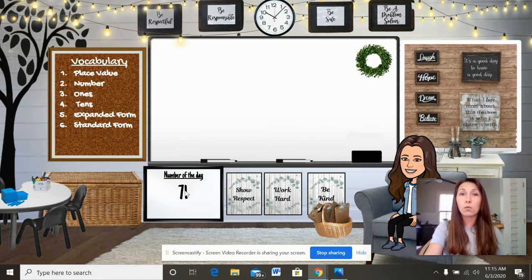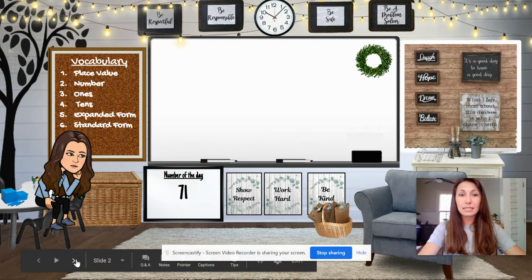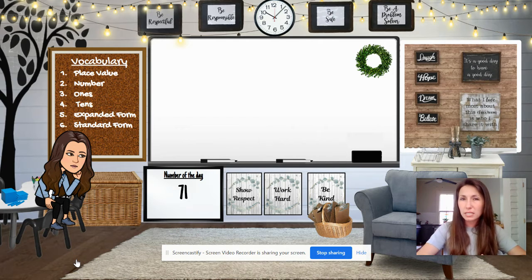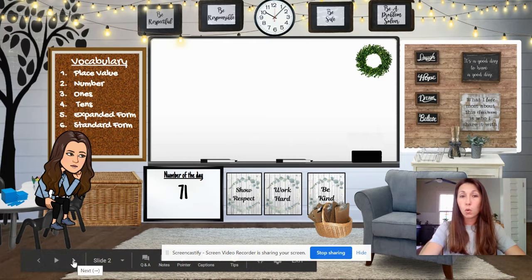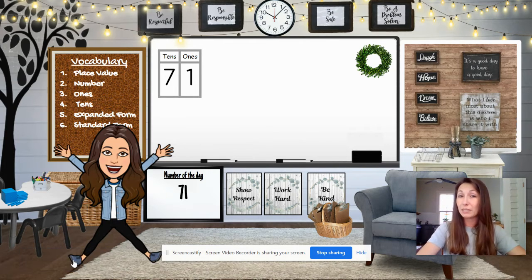Now, let's think about ways that we can use 71. How can we represent 71? Let's see. What about on a place value chart? That's a good idea.